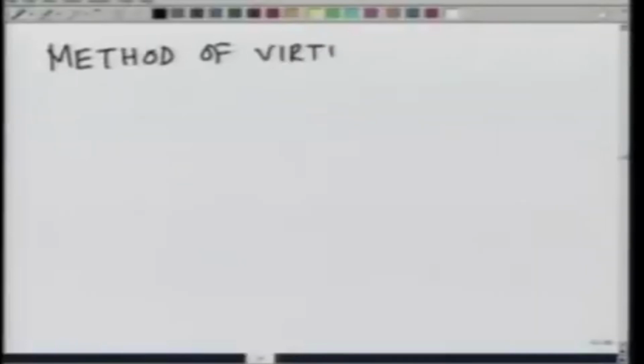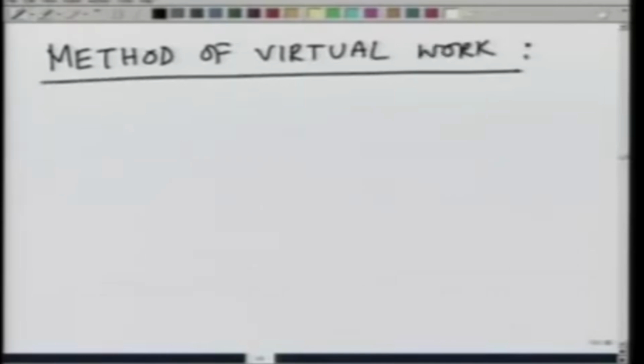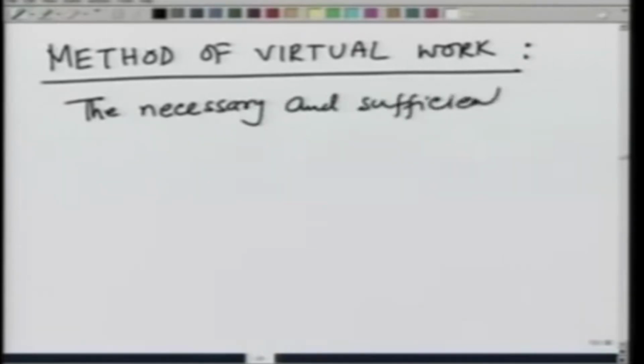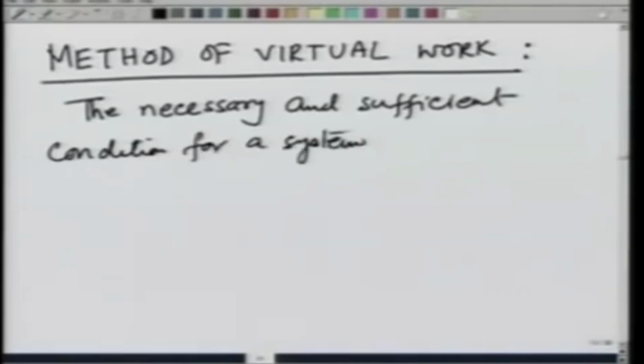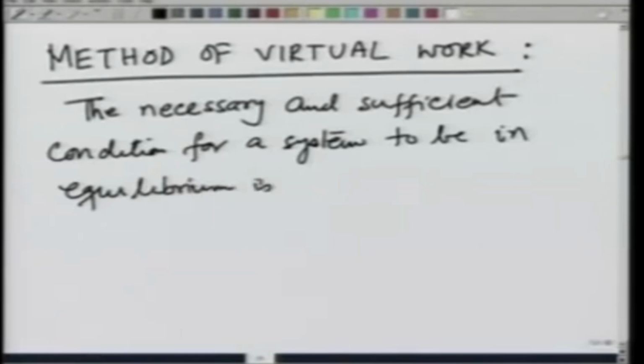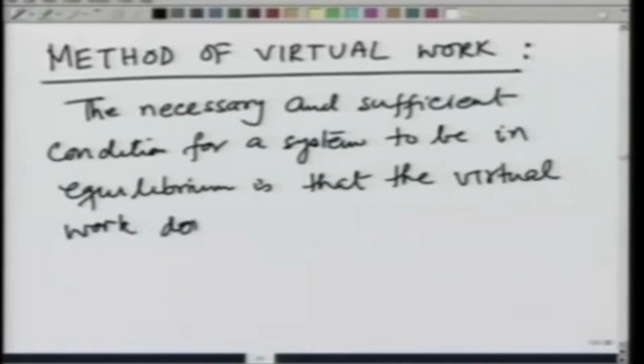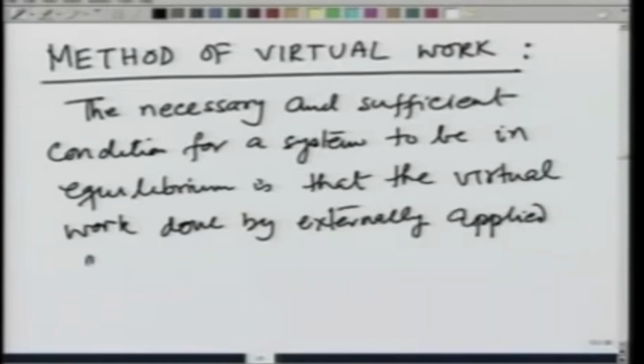So, in the method of virtual work, we state that the necessary and sufficient condition for a system to be in equilibrium is that the virtual work done by externally applied forces vanishes.